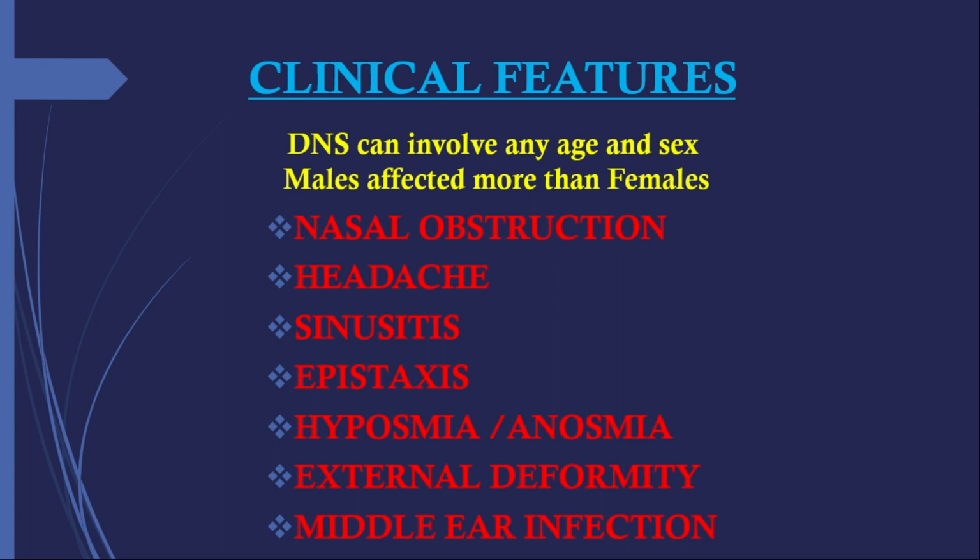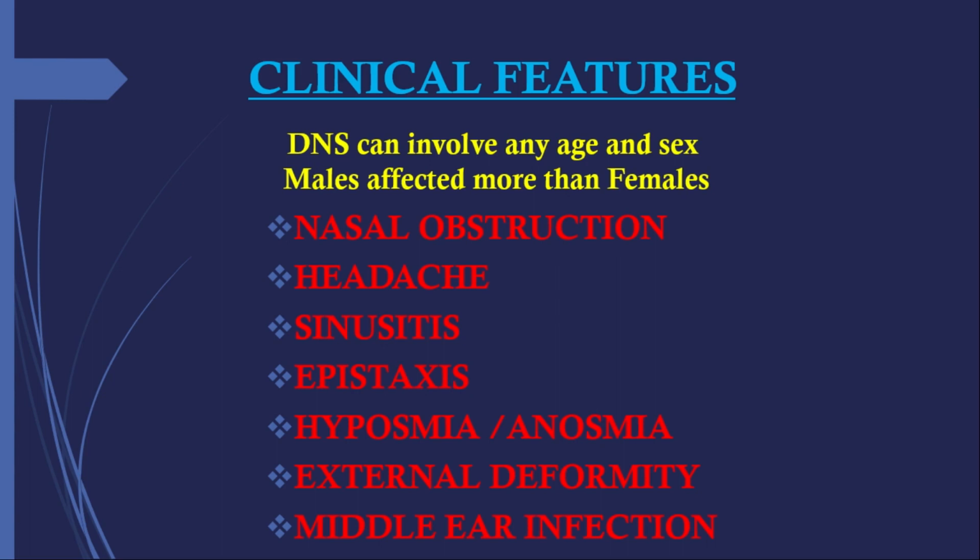Sinusitis can also occur because DNS causes nasal obstruction, and because of the nasal obstruction there is a stasis of secretions in the nasal cavity, and those secretions act as a culture medium for bacteria to grow in, and those bacteria in turn cause rhinitis and sinusitis.